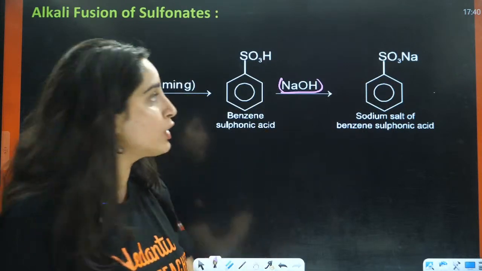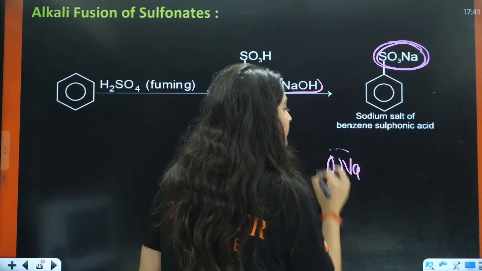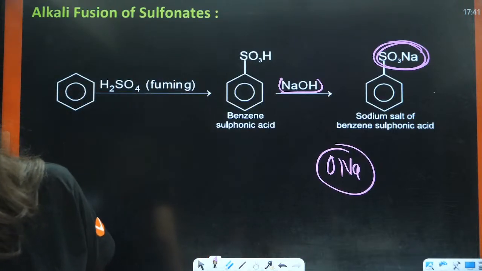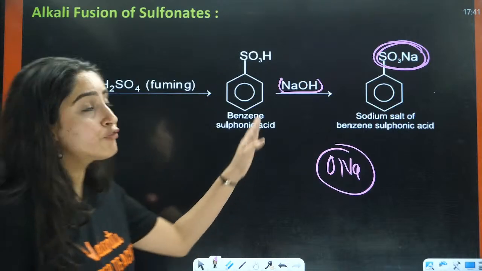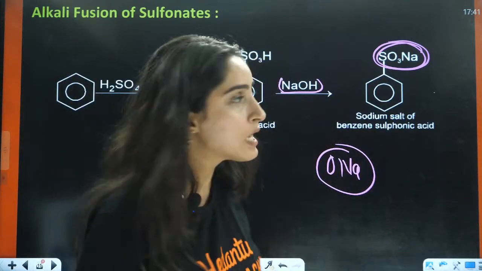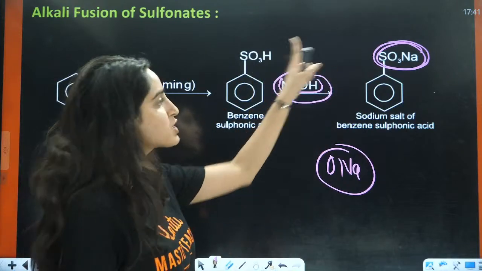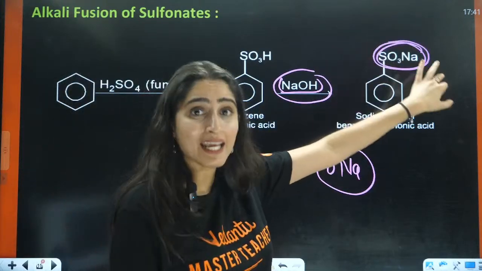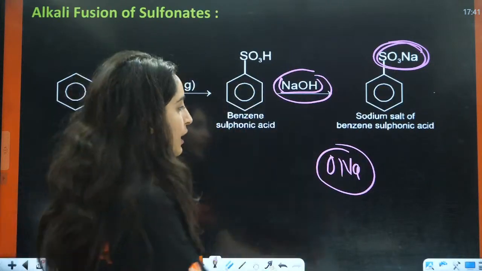But if you want to convert this SO3Na to ONa, then you have to fuse it with NaOH, right?